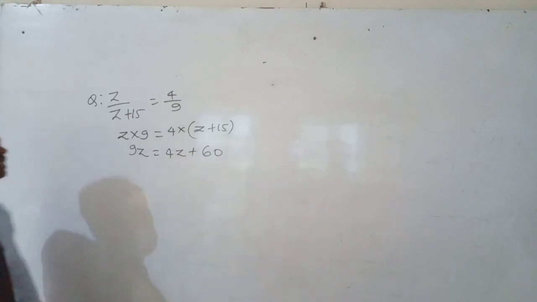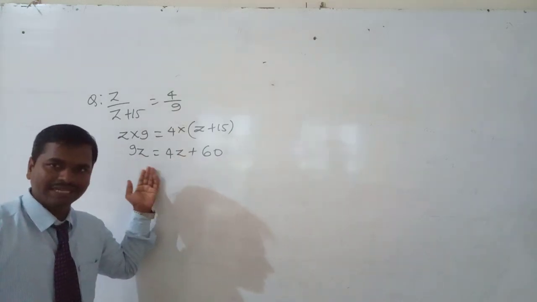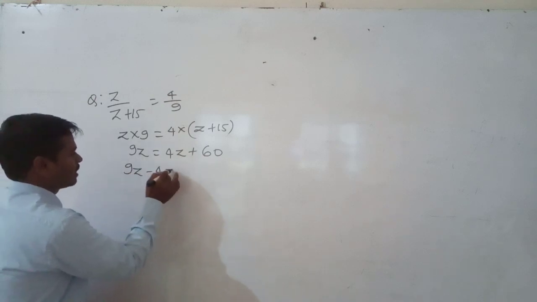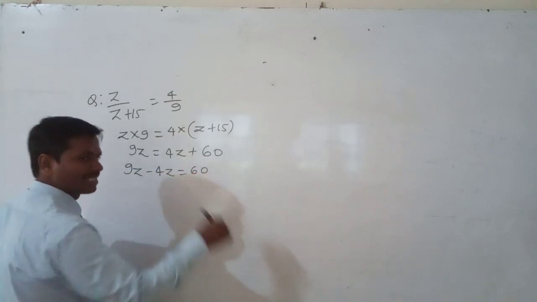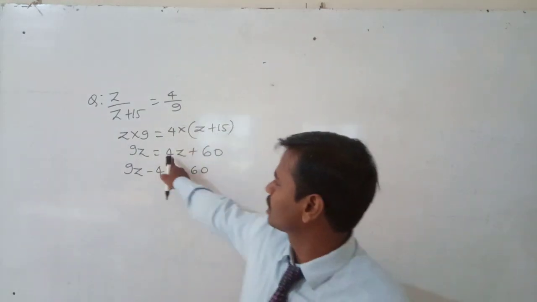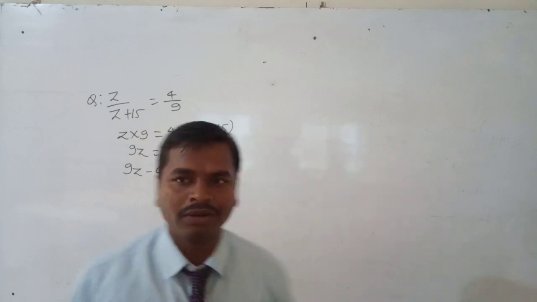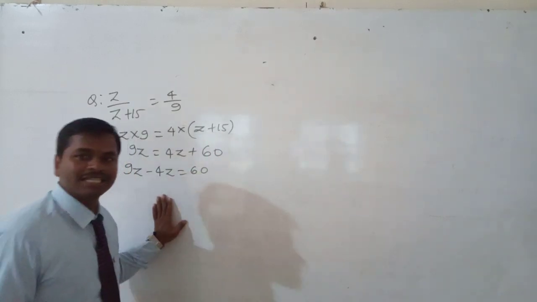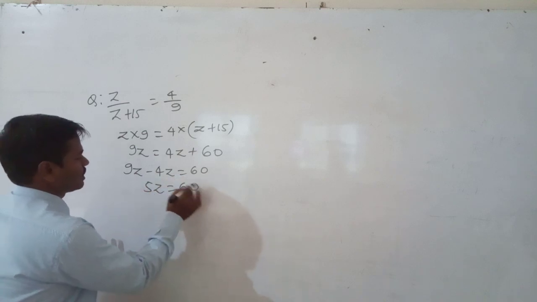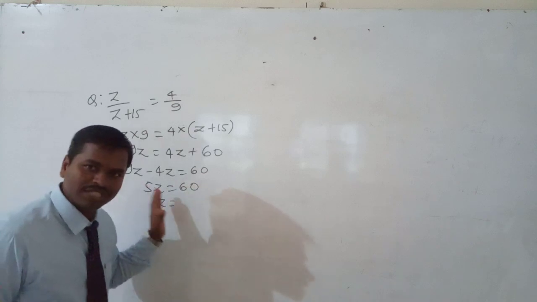Shift this 4z to the left side because variable is there. 9z minus 4z equal to 60. What will it become now? 9z minus 4z is 5z. 5z equal to 60. 5z means 5 into z.